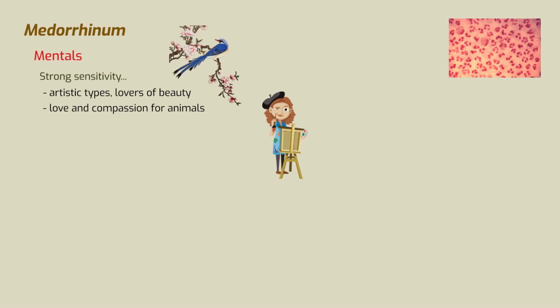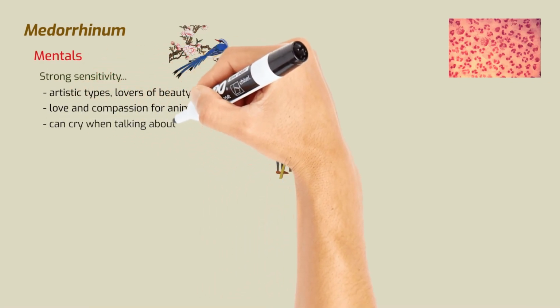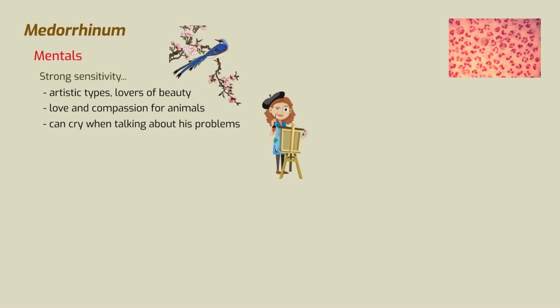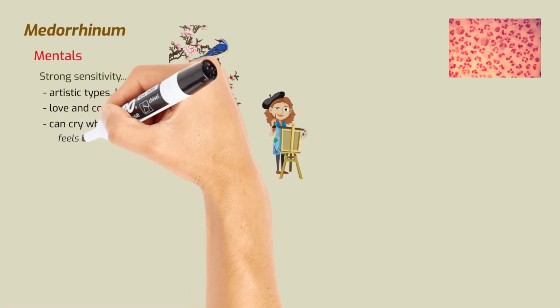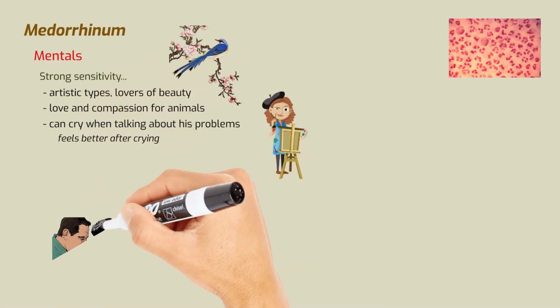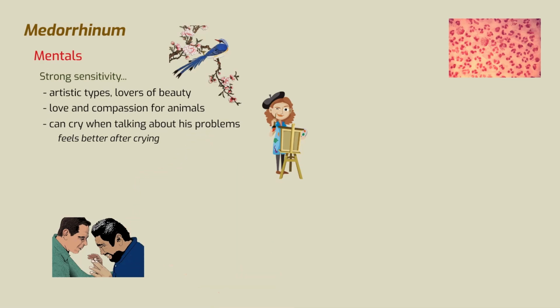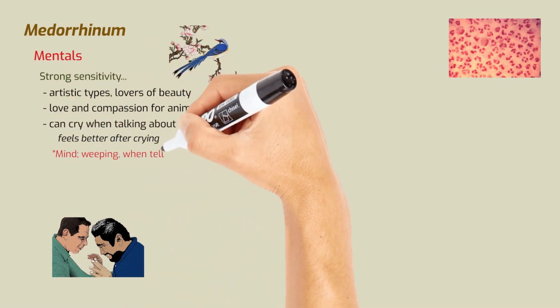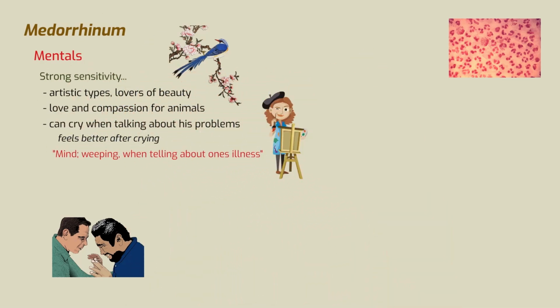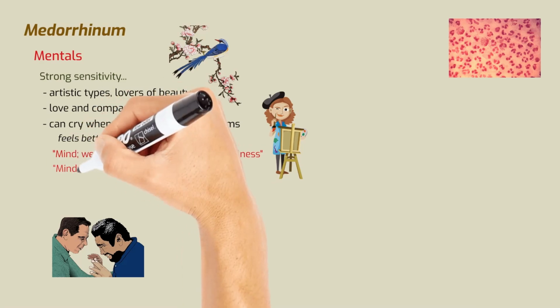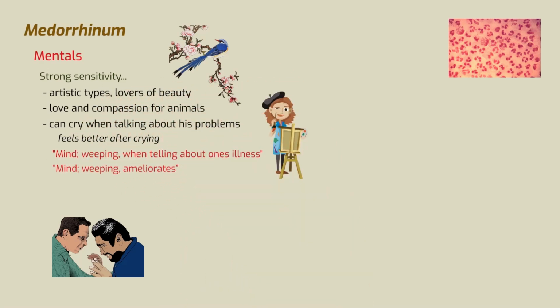He may weep easily and can cry when talking about his problems to the homeopath, and he often feels better after crying. Medorrhinum lists prominently under mind, weeping when telling about one's illness, and mind, weeping ameliorates.